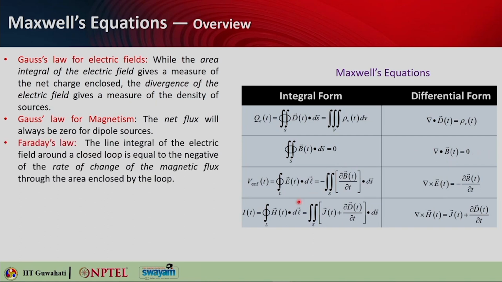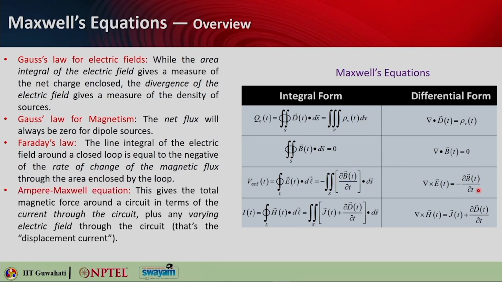Faraday's law gives you that the line integral of the electric field around a closed loop is equal to the negative rate of change of the magnetic flux through the area enclosed by that loop. You can also write it as the curl of E is nothing but minus dou B by dou t.